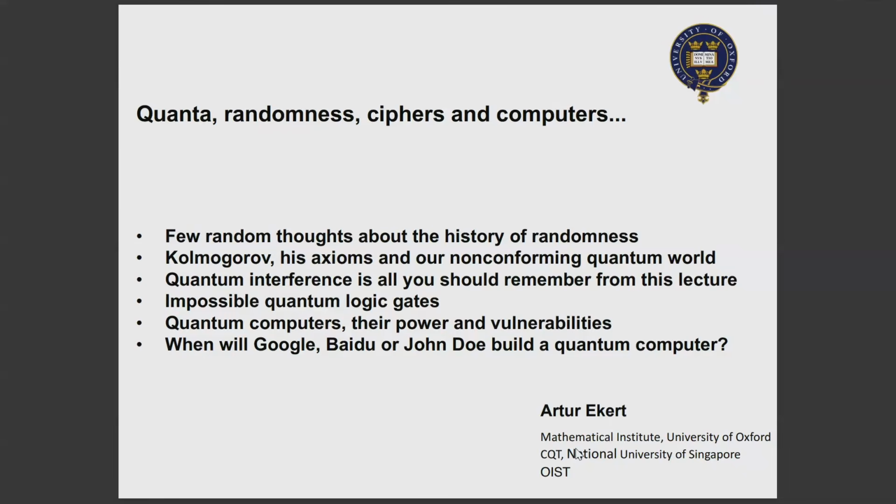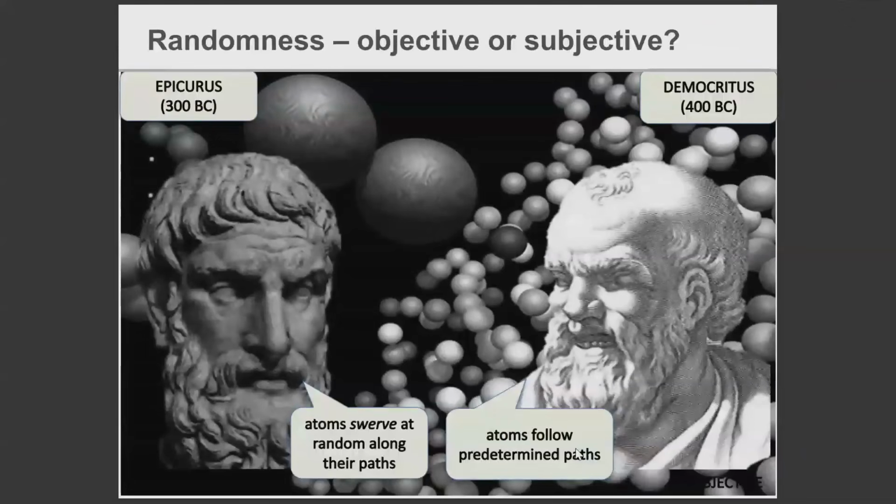And so I'll talk about a few random thoughts about the history of the field, the history of randomness, the early days where the basic mathematical tools that we use in quantum physics were introduced. I'll talk a little bit about quantum interference and an intro to logic gates. It's a little bit like the introductory things, which probably you know, but you may just want to hear it yet again.